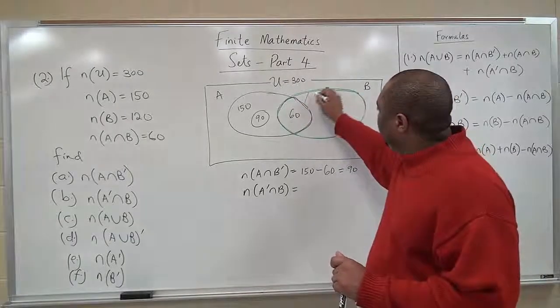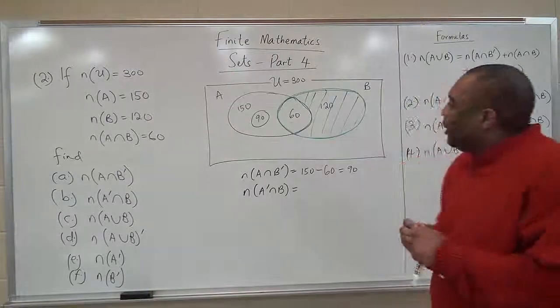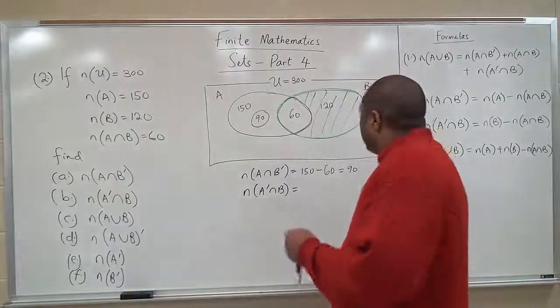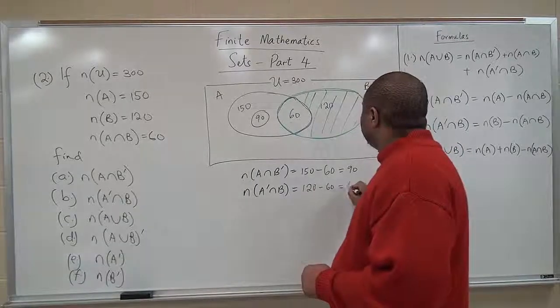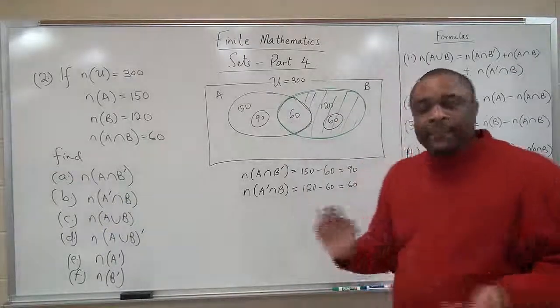Only B. And that would be 120 minus 60, and that is 60. So I put 60. That's what I need.